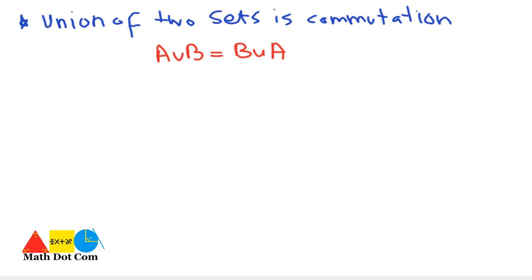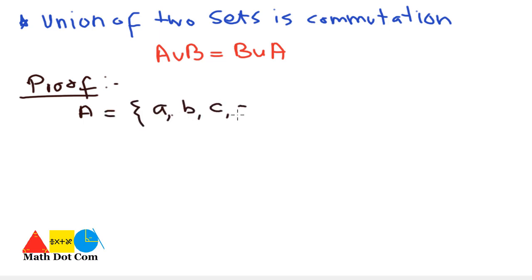Let's have a proof through an example. Let's say A equals {A, B, C, D}, and B equals {C, D, E, F}. How can you find out this proof?